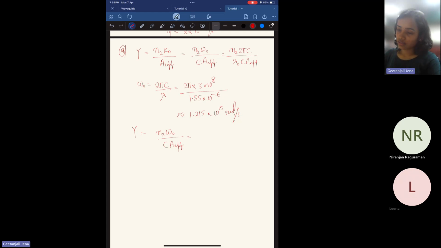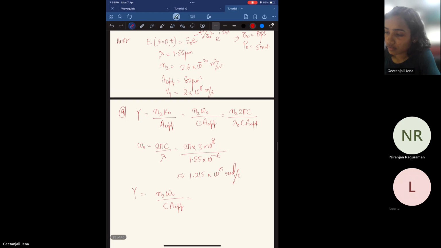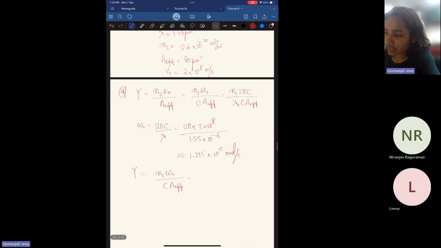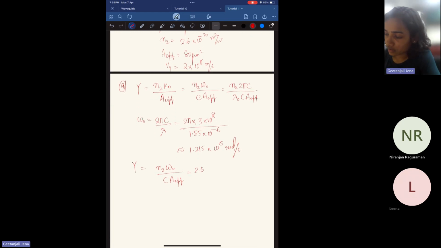N2 is 2.6 into 10 to the power minus 20, omega 0 is 1.215 into 10 to the 15, C is 3 into 10 to the power 8, and A effective is 80 micrometers square. So this will give a value of 1.316 into 10 to the power minus 3.